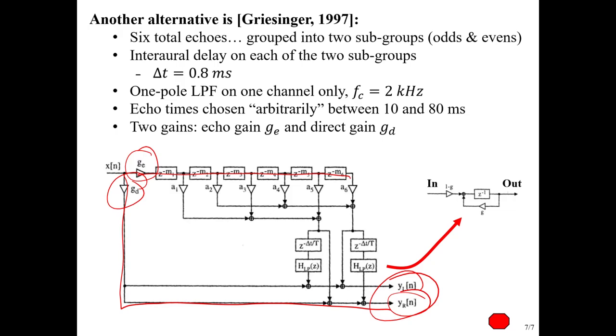So with that out of the way, the remaining two videos in this unit will focus on how to do the late reverb, and that's a big challenge. So in the next video, we'll look at the early approaches pioneered by Schroeder. And so that was 1962 and 1963, I think, were the years.